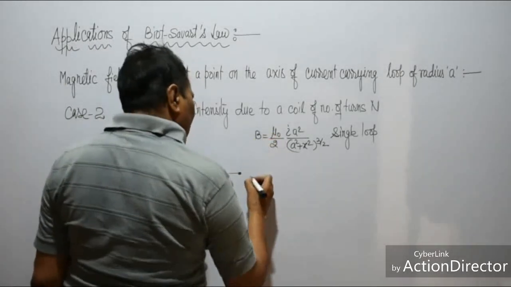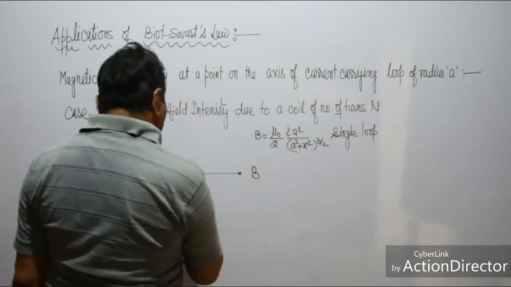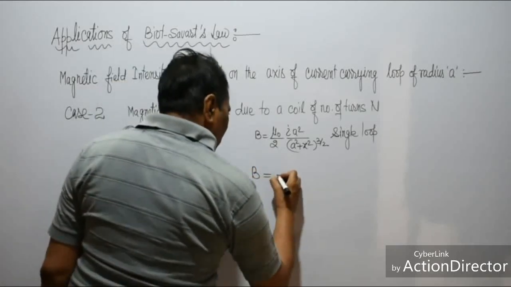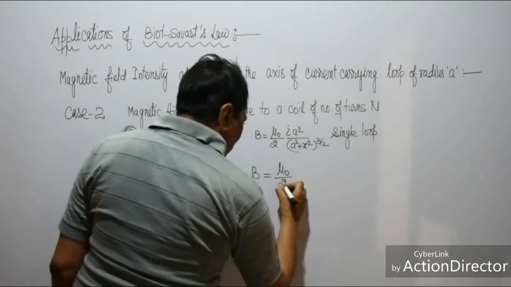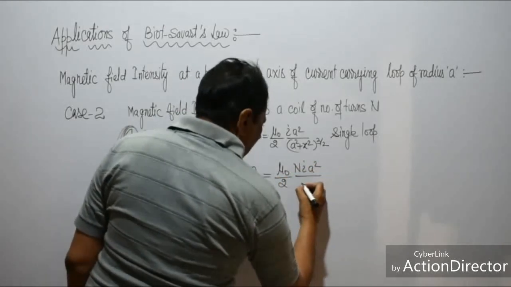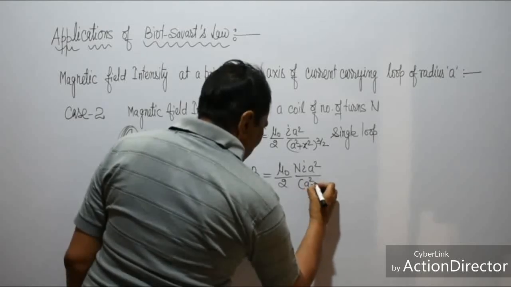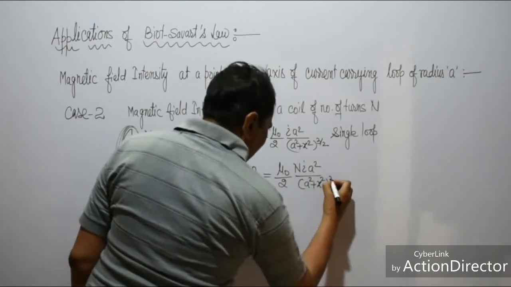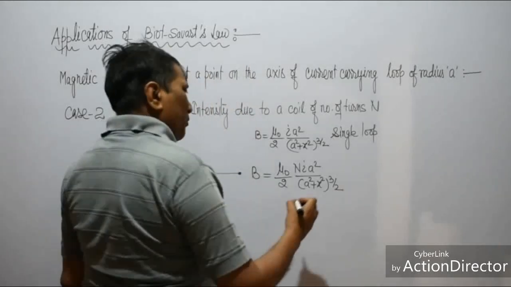So what will be the magnetic field intensity? B equal to mu 0 upon 2, N I a square divided by a square plus x square raised to power 3 by 2.